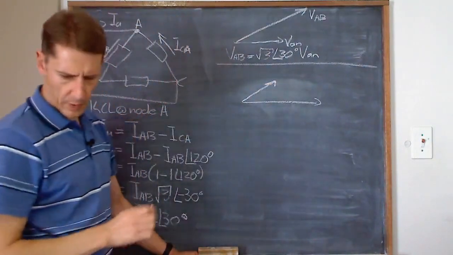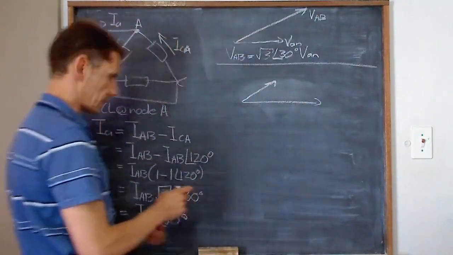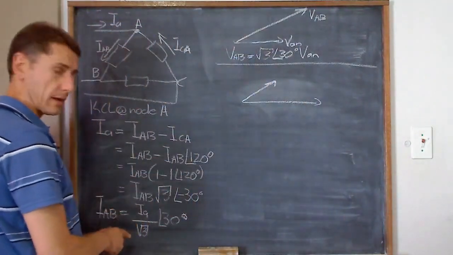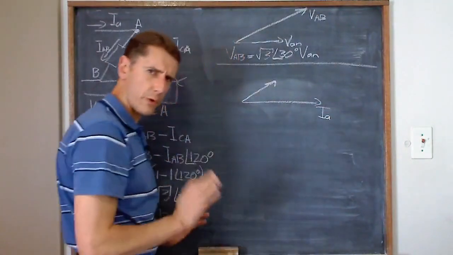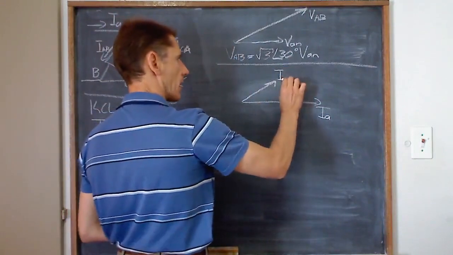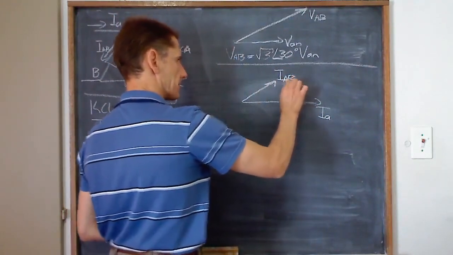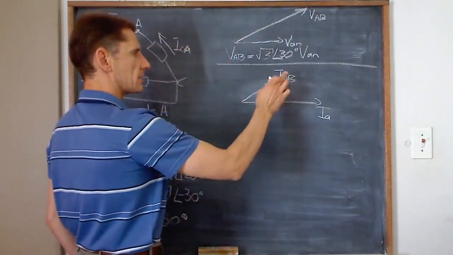So now, what's the difference here? Now you've got the long one at the bottom. Is this now IA or IAB? This is going to be our IA. A stays our reference. And this is going to be IAB. So what do I have to do with IA to get it to IAB?